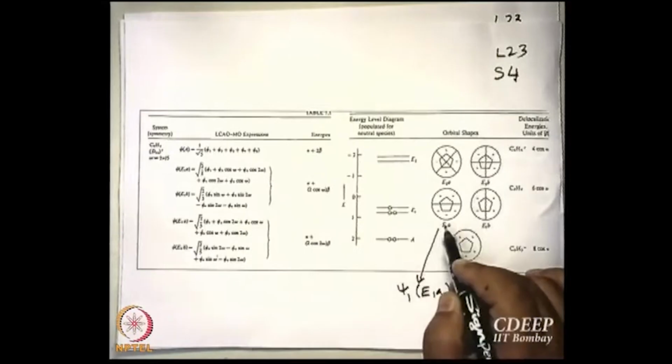Right? I denote the bottom ring by the subscript 2. That will also have a similar symmetry orbital of same symmetry. What will I call it? Psi 2 E1A. And it makes sense to mix them and generate an LCAO because they are the same symmetry.